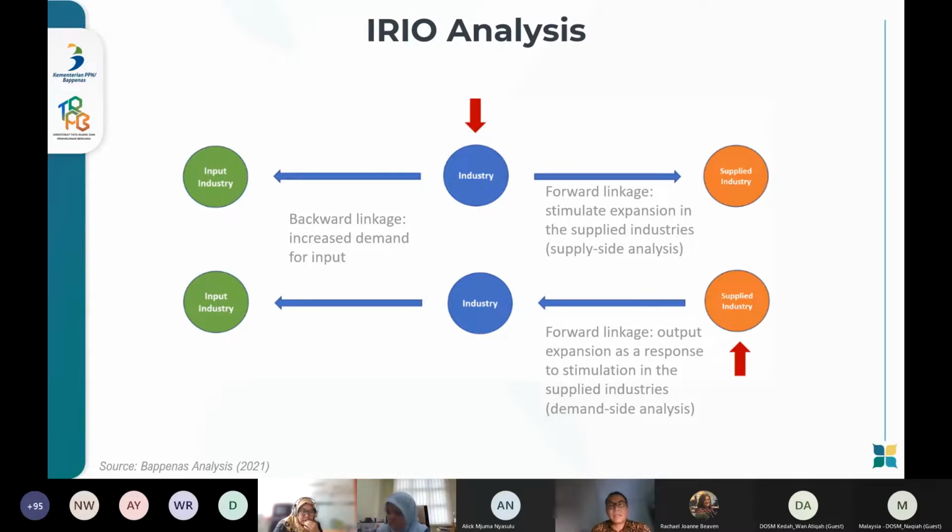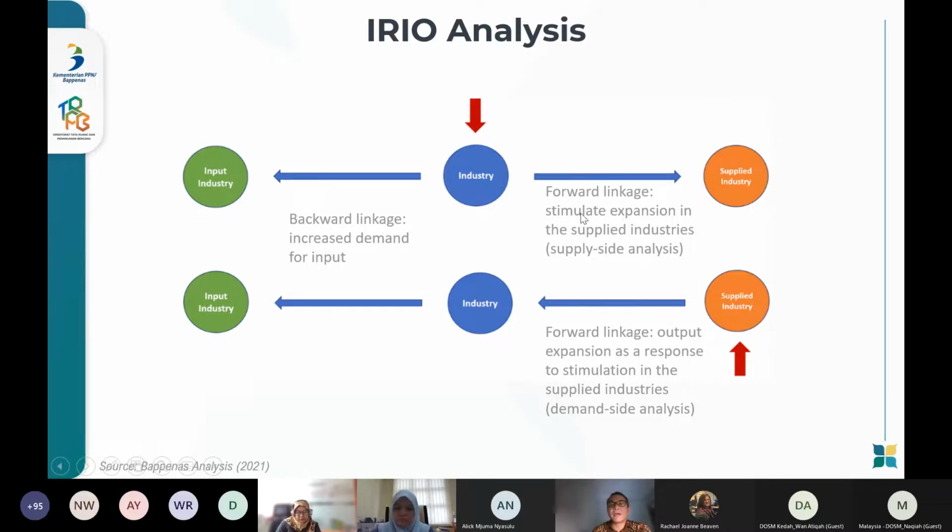Let's say there is an industry simulation here in the middle, in the upper diagram. We can see the backward linkage happen if there is an increase in input demand, whereas the forward linkage effect happens if the supplied industry, on the right side of the lower diagram, increases its final demand, and then it will induce an output increase in the industries of interest.